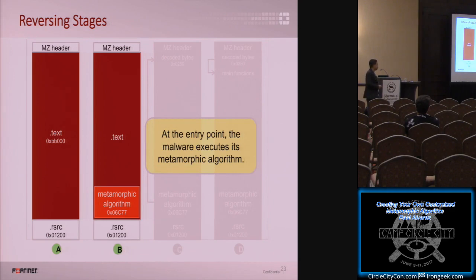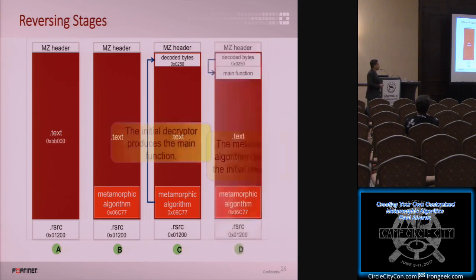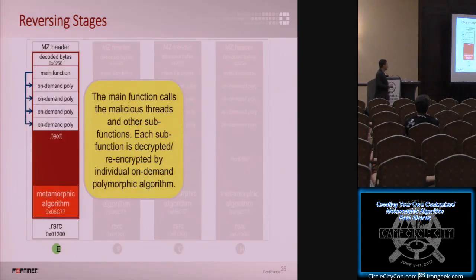This is the metamorphic code. When you run the metamorphic code, it will actually decode a few bytes at the top of the file, after the header, and then those decoded bytes are responsible for creating the main function, which is the one responsible for the on-demand polymorphic.